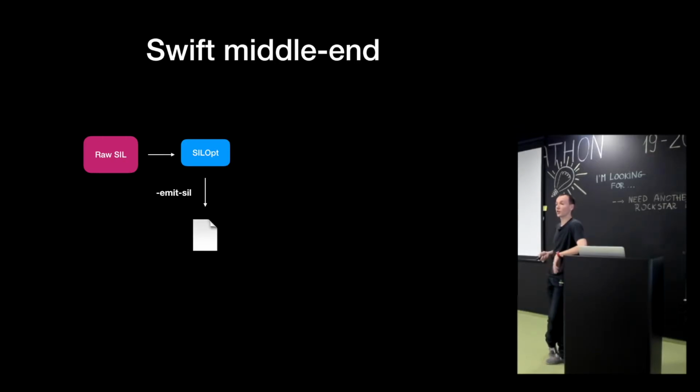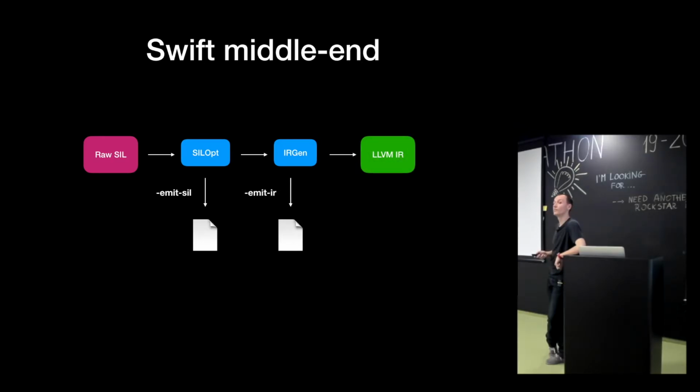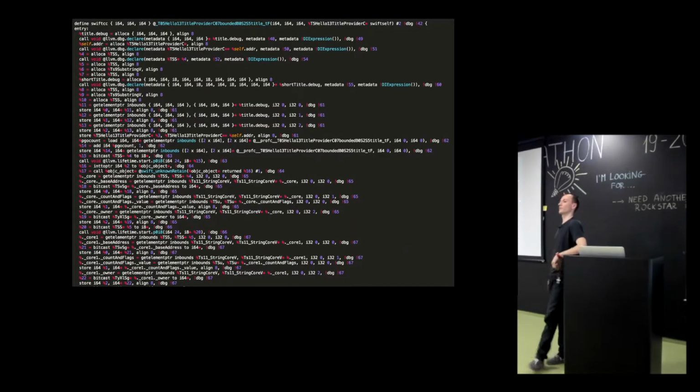That's why I will not show it on the slides. But we'll take a look at LLVM-IR, the output for the next step. And it is LLVM-IR. So as we are going lower and lower in abstraction, this looks more esoteric.